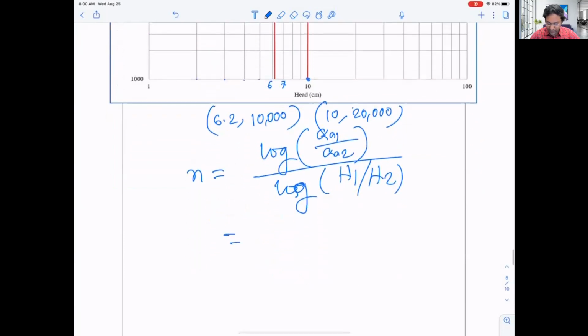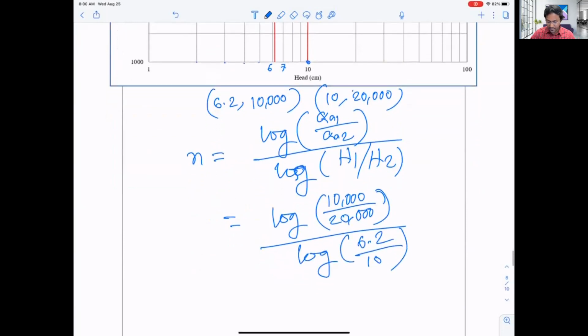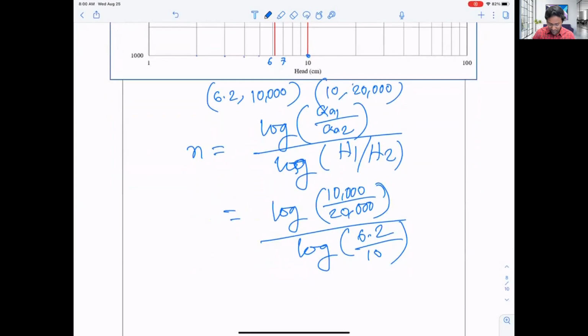Then we can use the value log 10,000 divided by 20,000, and whole divided by log 6.2 divided by 10. So that will be half, log 0.5 divided by log 6.2 divided by 10. So it should be close to 1 point, right?